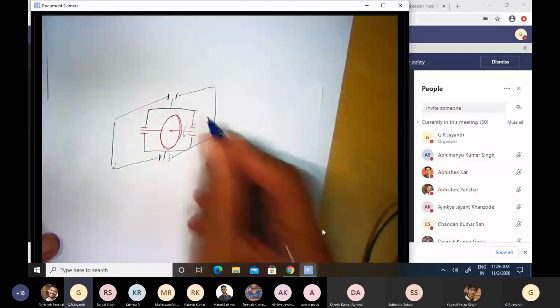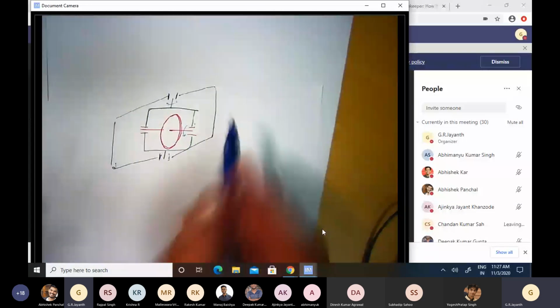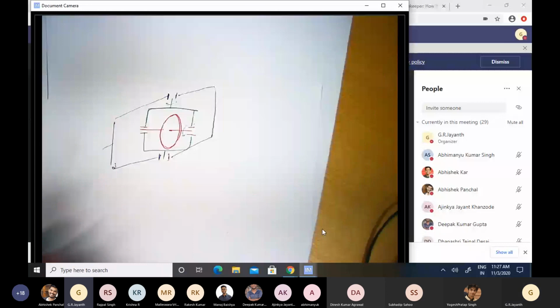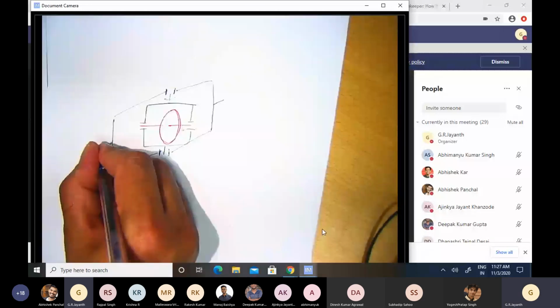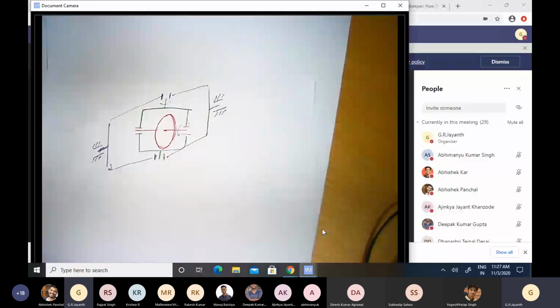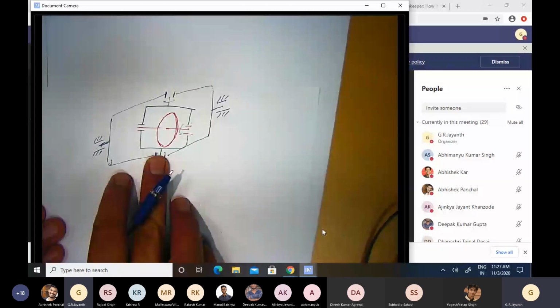Finally, this second gimbal can be connected to some vehicle frame or whatever else you want. You can permit rotation about one final axis here. So this could be the fixed inertial frame. And now you are permitting rotations about 3 independent axes by using this arrangement of gimbals. So this is a gyroscope.